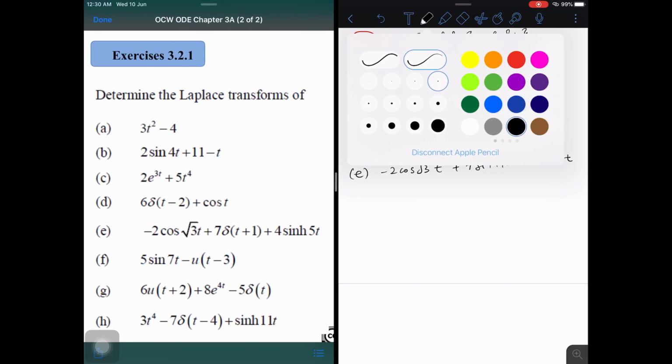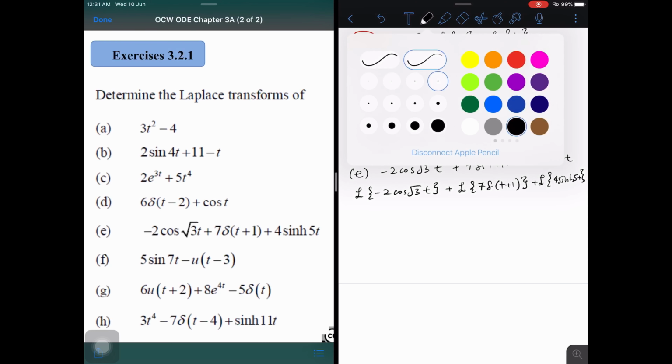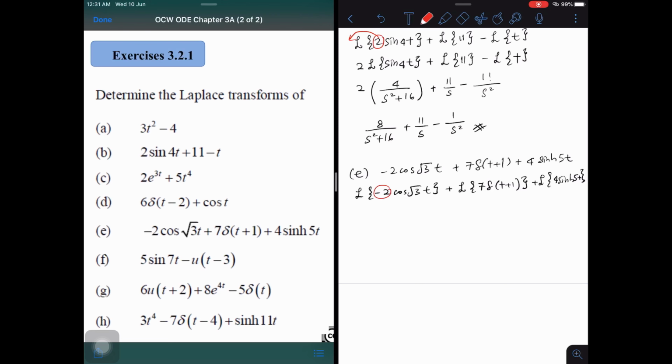Okay, so by using the property of linearity, you will have the Laplace transformation of negative 2 cos root 3t, plus the Laplace transformation of 7 delta t plus 1, plus the Laplace transformation of 4 sine hyperbolic 5t. Now you can bring all the constants out of the Laplace transformation.